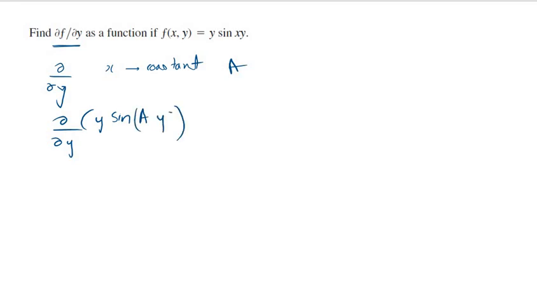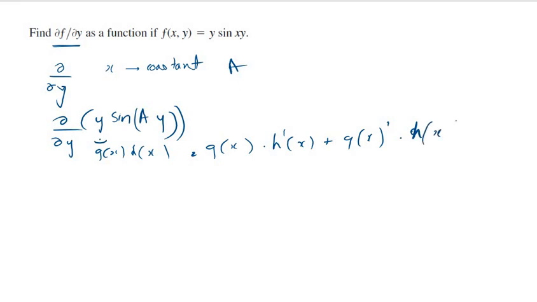So this is the function, and we see that it's a product, this function times this function. So it would be like g times h, and the derivative of that we know is g times the derivative of h plus the derivative of g times h.